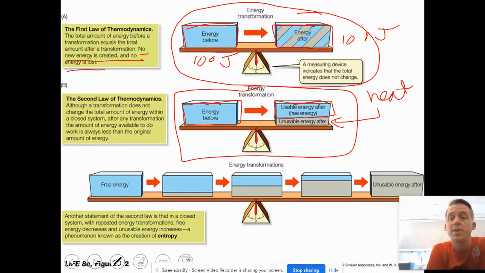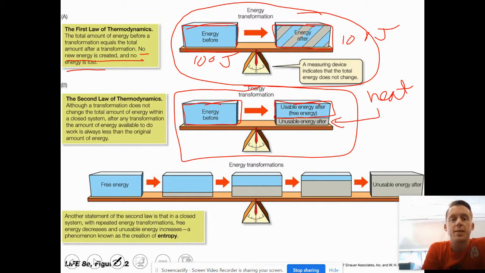It's not the only way energy can be lost, but it's a common way. So anytime we have an energy transformation, some of that energy is lost. Now, it doesn't disappear, right? It's still there. It's just in a form that we can't use. So we really can't use heat. Body heat, for example, is not something we use for energy in our own bodies. So the amount of usable energy is less. So the amount of total energy, still the same.